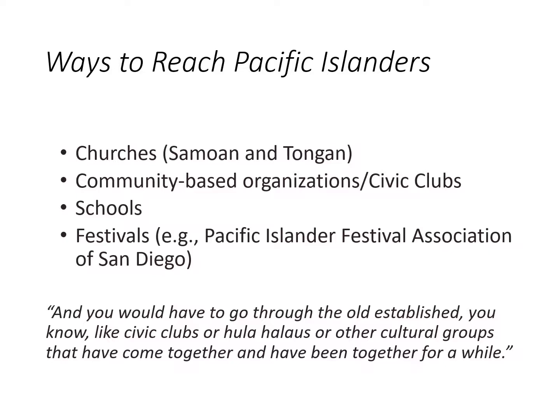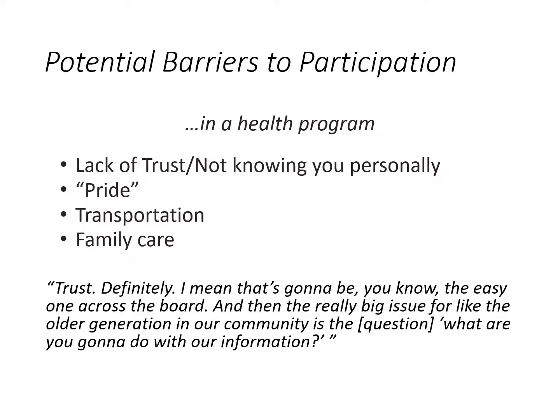Just to go over, you can see here's a quote, but here are some other results from ways to reach Pacific Islanders. It could be through churches, festivals, etc. So that's one theme. The second was barriers.